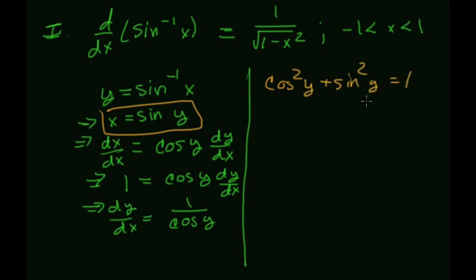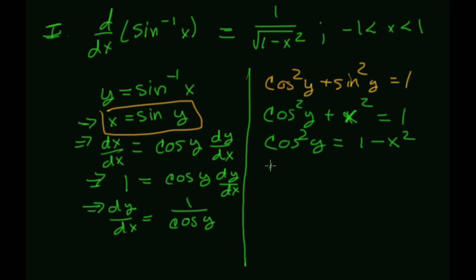That makes more sense, because here, this is cosine squared of y. We're going to leave that be for a second. Sine squared of y, well, x is the sine of y, so there's the x squared. And then a little bit of manipulation here: the cosine squared of y is 1 minus x squared.